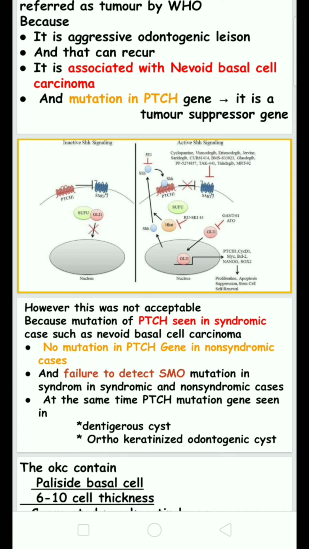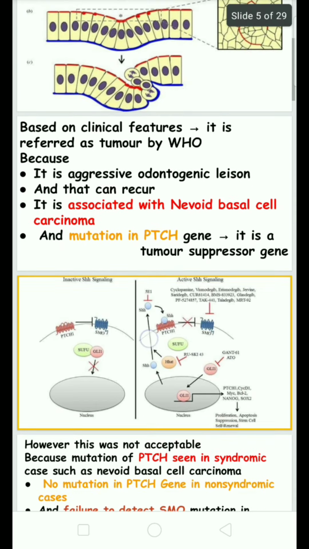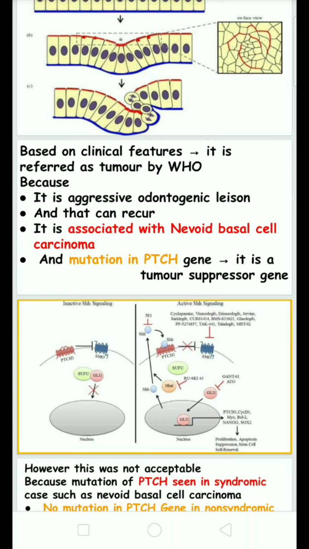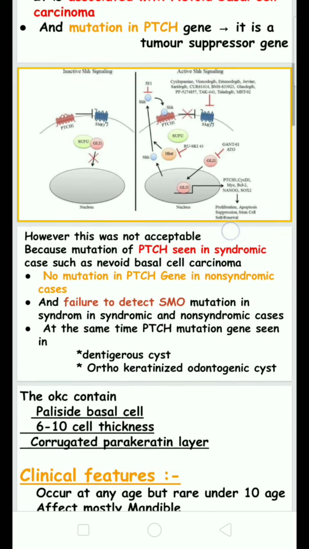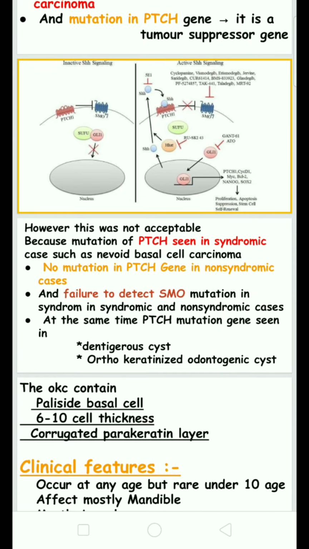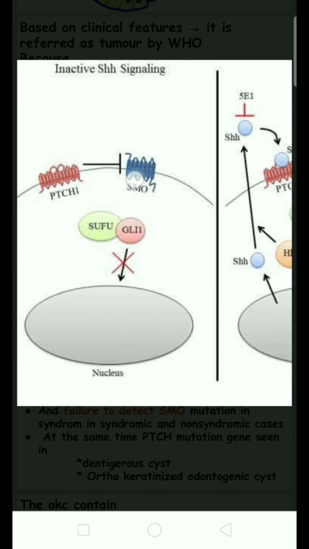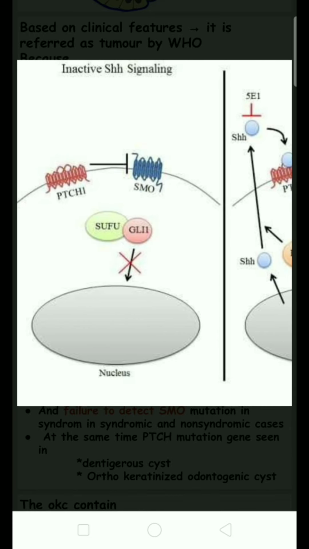However, this is not accepted, because they consider that PTCH gene mutation is seen only in nevoid basal cell carcinoma conditions, not seen alone, and not in non-syndromic cases. At the same time, there is no SMO mutation in these cells.